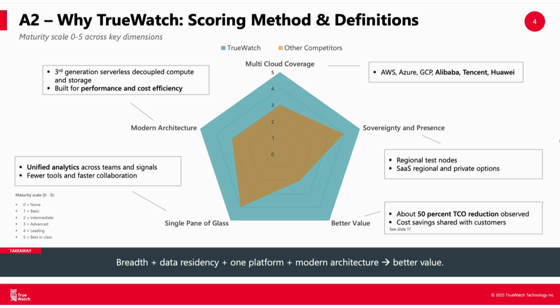So for example, the ideal customer profile, we are looking at customers which are using multi-cloud. For example, AWS, Alibaba, they are running in regions like, let's say, Indonesia, where we have a node, so latency, data residency requirements, they are there. They are looking to cut their cost, so we offer much better value.